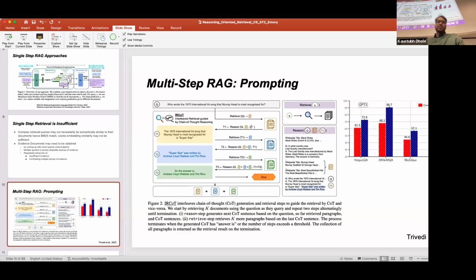And you could understand how in different kinds of settings, such an approach would be really useful, where our evidence is scattered and we need to collect evidence as we move across multiple rounds of retrieval.